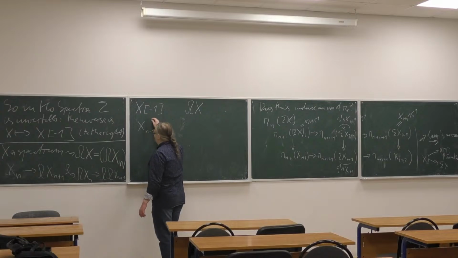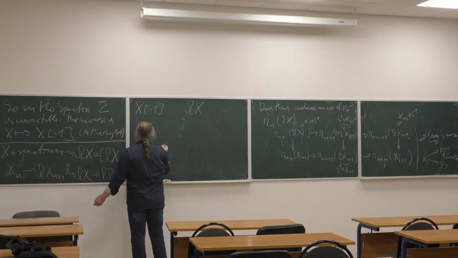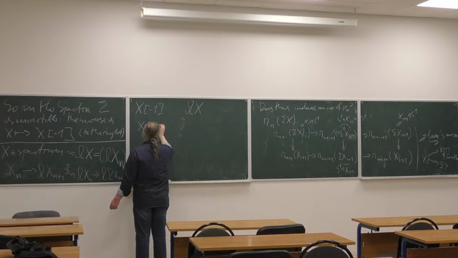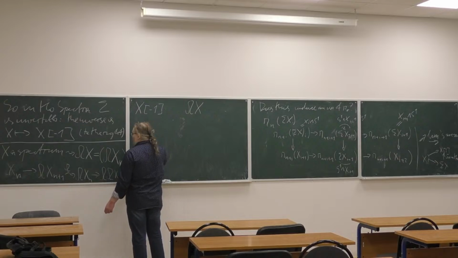The nth component is just x n plus 1, sorry, x n minus 1, which goes to omega x n.